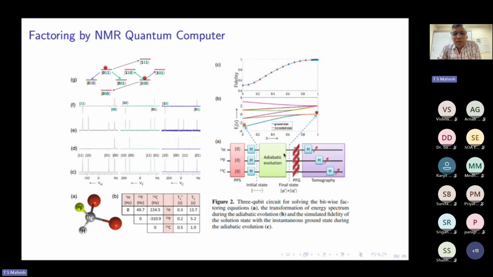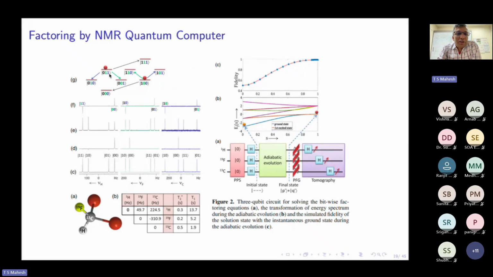And then you carry out this adiabatic evolution, and finally after the adiabatic evolution you apply the final Hadamard gate and measure. Finally you get this kind of transition: down, up, down, up, down, up.